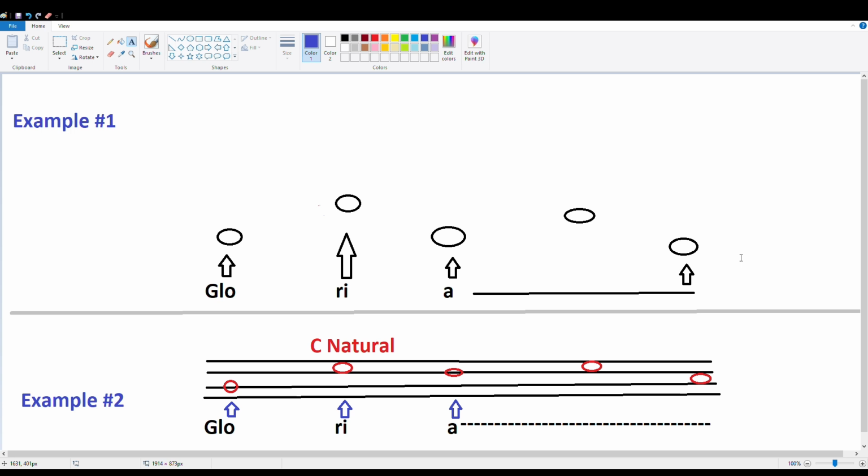So we have a set of pitches, and we'll have some kind of text. Now, in this first example, number 1 that you see in front of you, we have a series of notes. Our notes are these round circular things here. So this is a note, this is a note, this is a note, all the way to this 5th pitch.